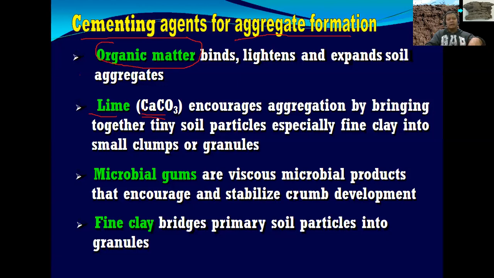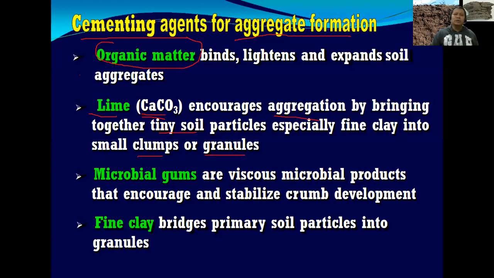No? Maraming example ng lime. But in this particular topic, we take calcium carbonate as example of cementing agents. Lime encourages aggregation by bringing together tiny particles, especially fine clay, into small clumps or granules or aggregates.